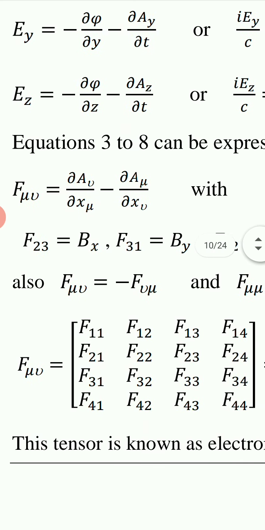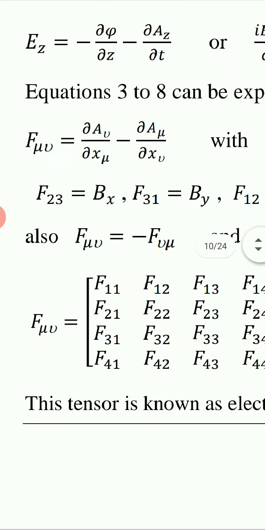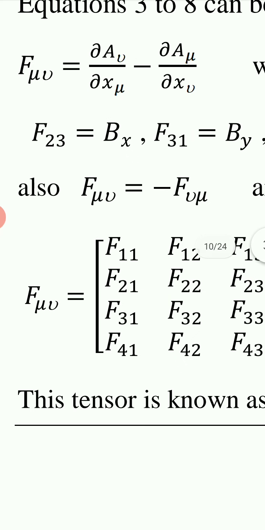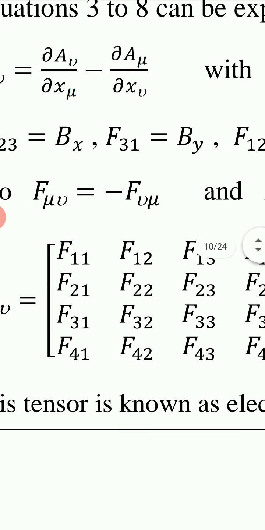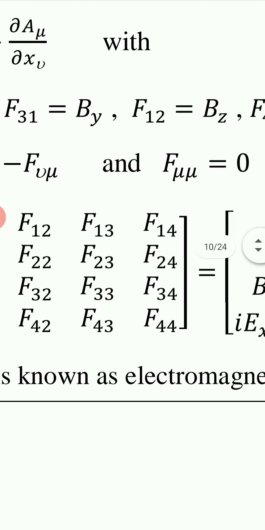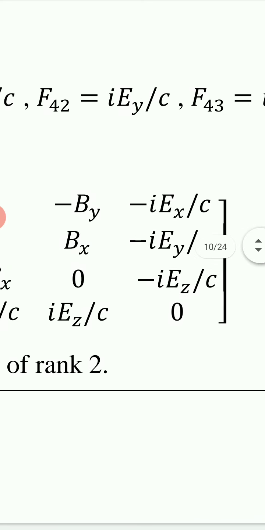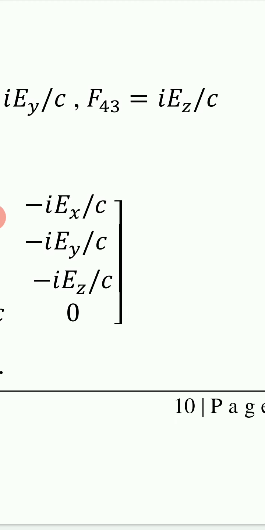Equations 3 to 8 can be expressed as, if we combine all these equations from equation 3 to equation 8, all these equations can be combined by this single equation, F mu nu equal to delta A nu upon delta X mu minus delta A mu upon delta x nu, with F23 equal to Bx, F31 equal to By, F12 equal to Bz, F41 equal to i Ex upon c, F42 equal to i Ey upon c, F43 equal to i Ez upon c.